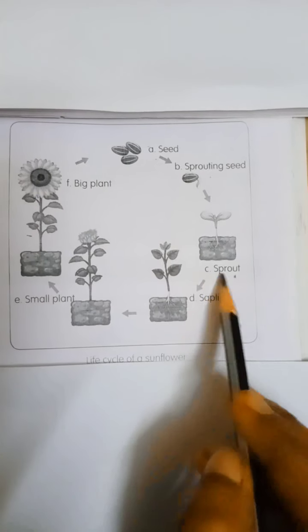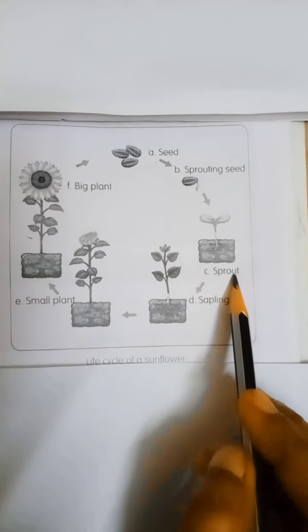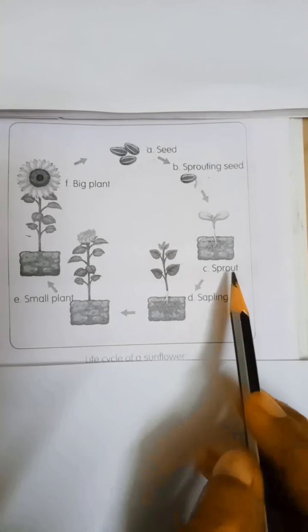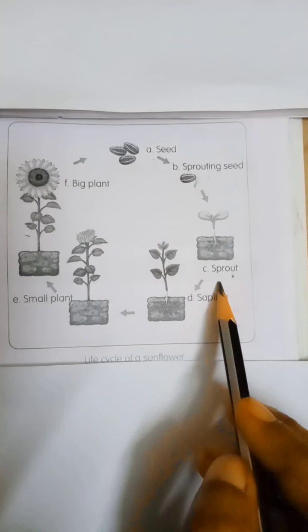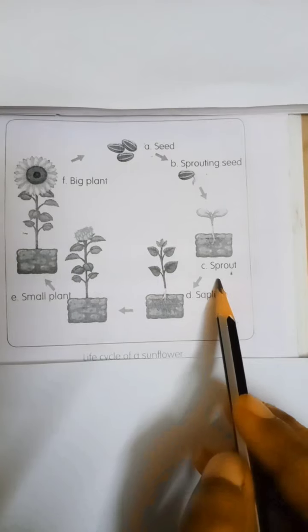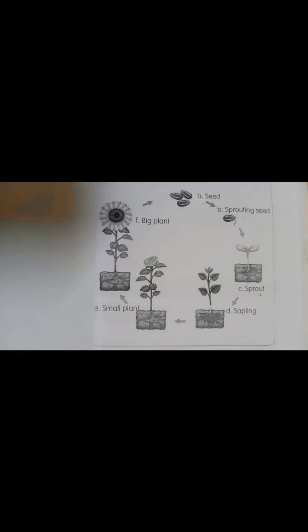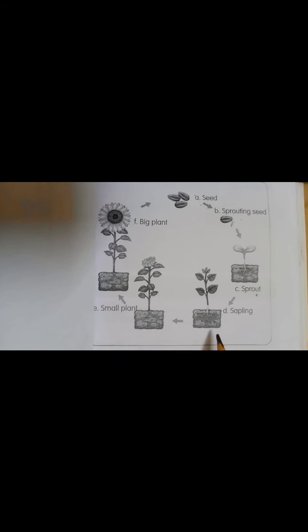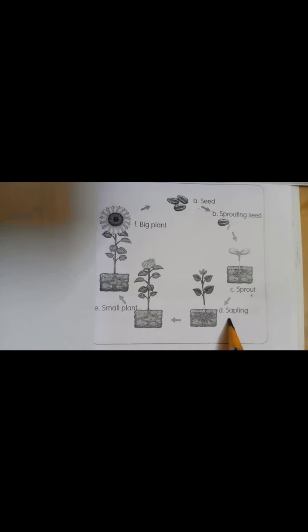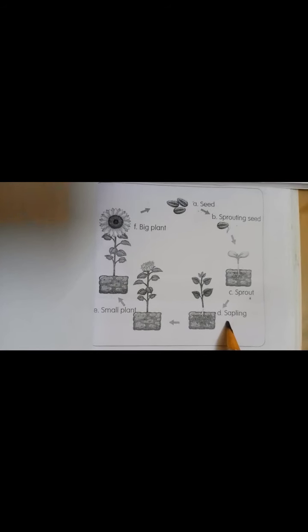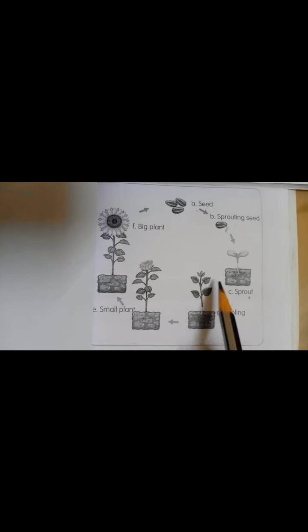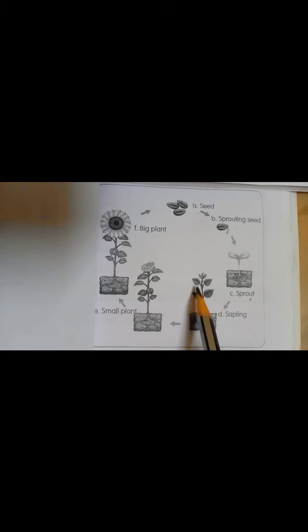The third one is sprout. When a small stem comes out of the soil, that plant is called a sprout. Next is sapling. A sapling is a small plant with some leaves.